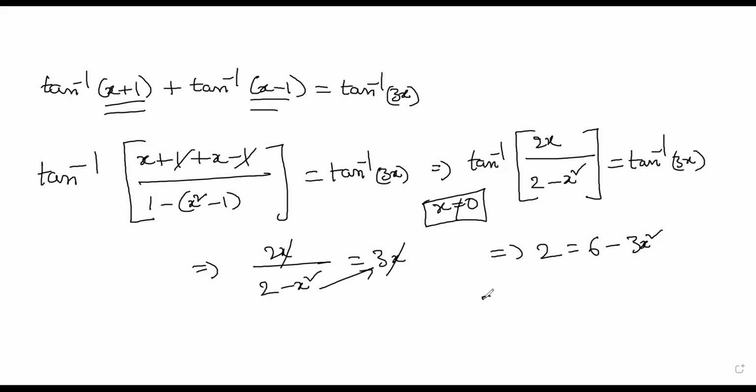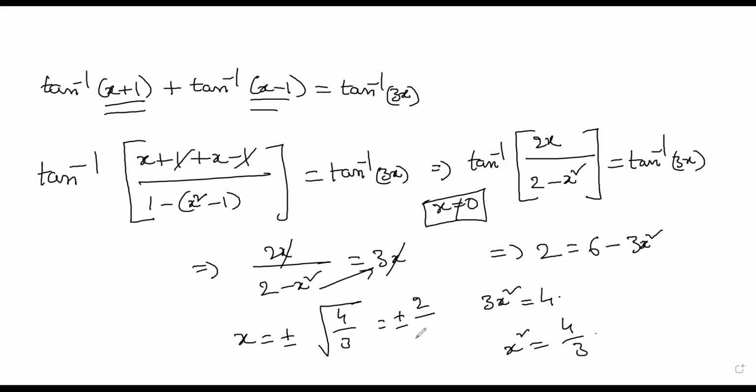So 3x square is equal to 6 minus 2, that is 4. So x square is 4 by 3. So you are left with x is equal to plus or minus root of 4 by 3. So that is plus or minus 2 by root 3. Hence the answers. So that's the value of x possible.